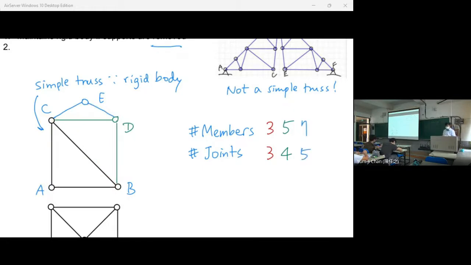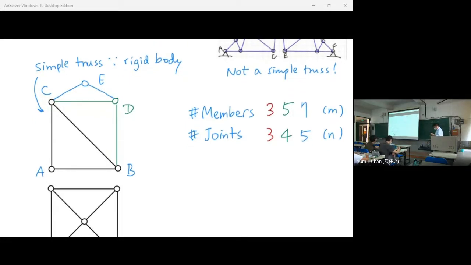So do we have a relationship between the number of members, which is M, and the number of joints, which is N? Do we have a relationship between these two? You know how to find the relationship, but let me write down the result.